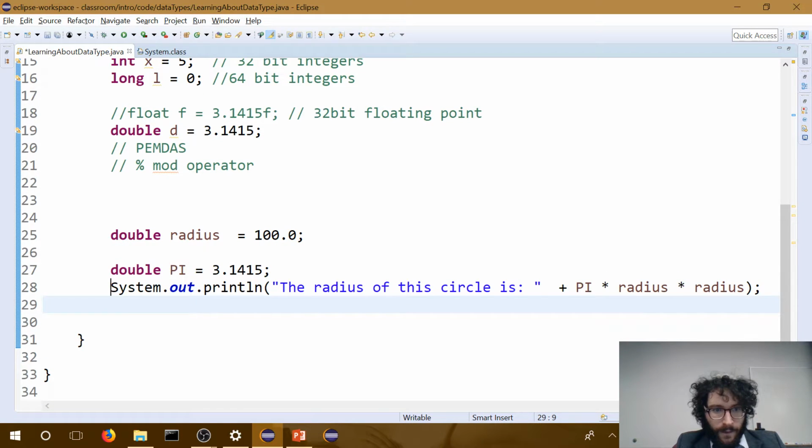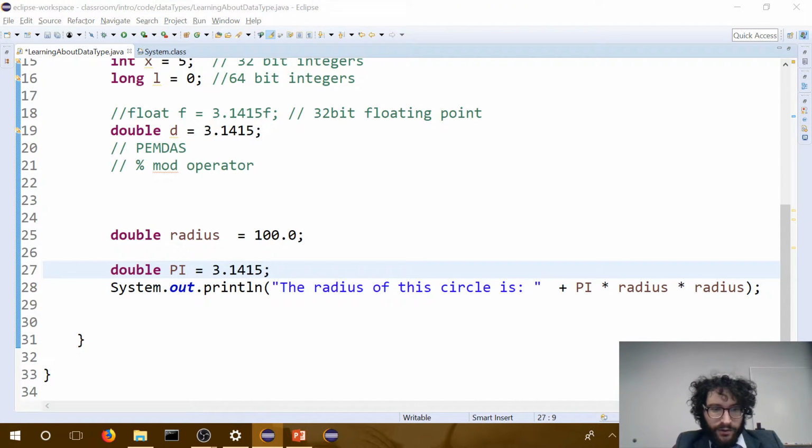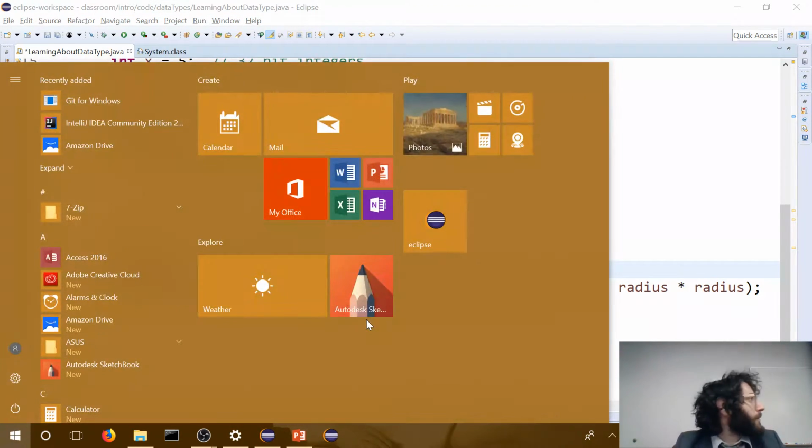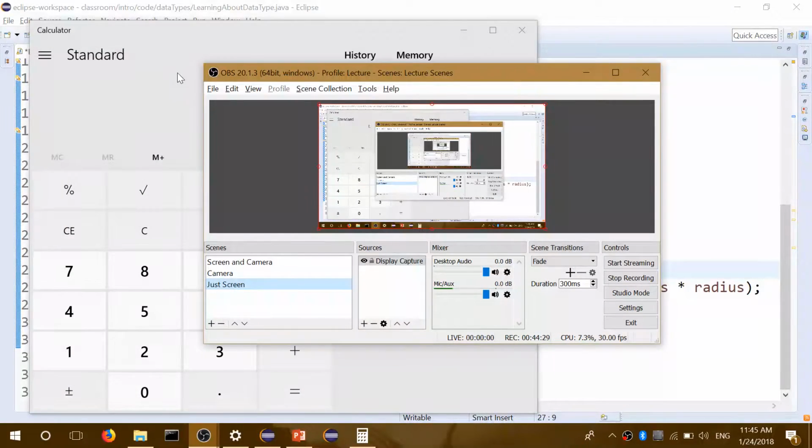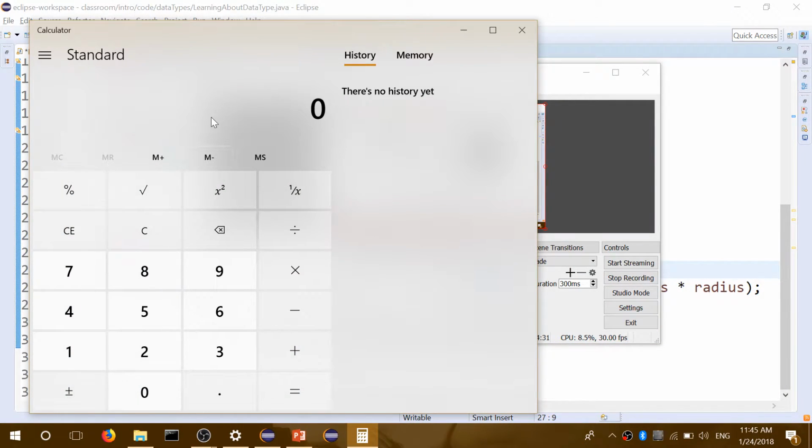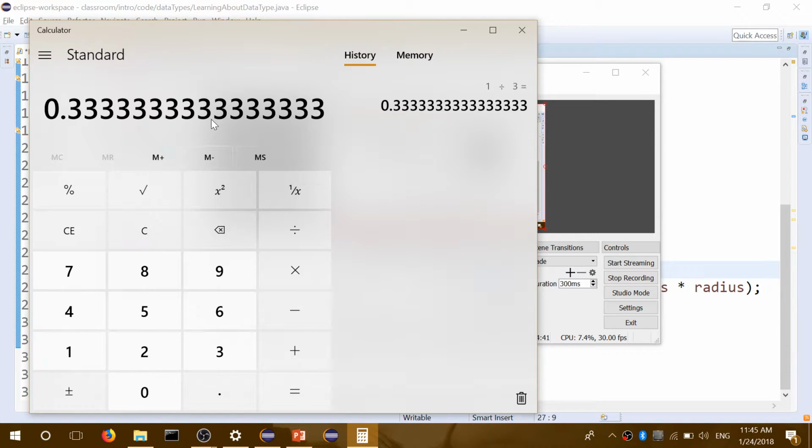Now, there is a bit of a quirk with doubles. I need to change this away for just a second and see. Everybody knows what happens when we do 1 divided by 3 in a calculator: you get a bunch of 3s, repeating.